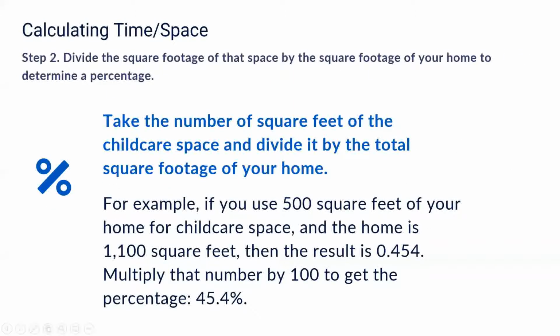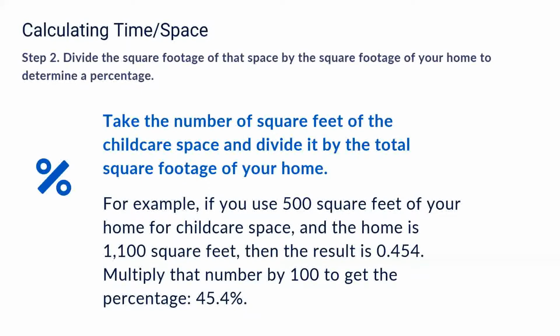Step 2, you're going to divide the square footage of that space by the square footage of your home to determine a percentage. So you're going to take the number of square feet of the childcare space and divide it by the total square footage of your home.